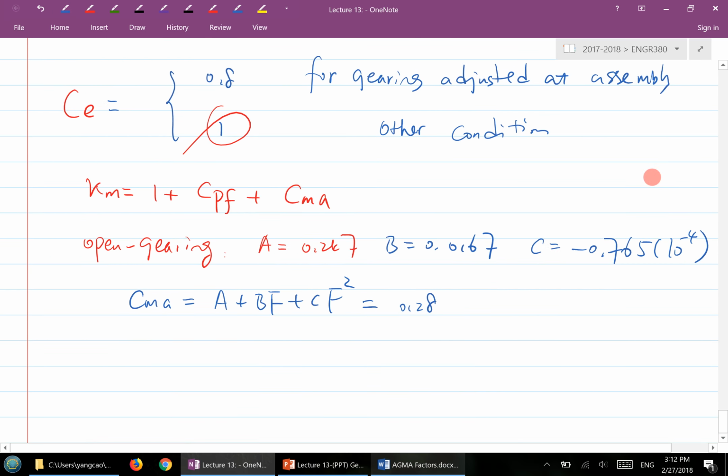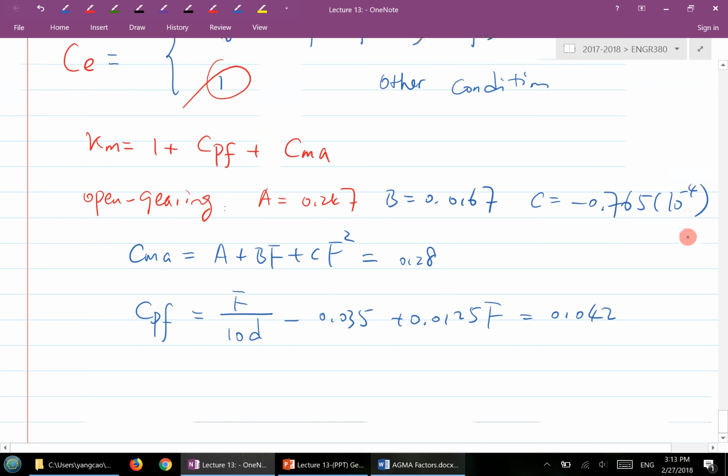Then you can calculate CPF based on the face width, using this formula, and that's this value. Overall, you can produce your Km, which is 1.322.